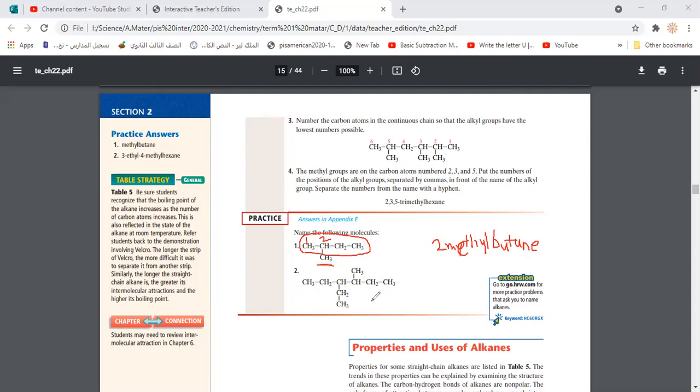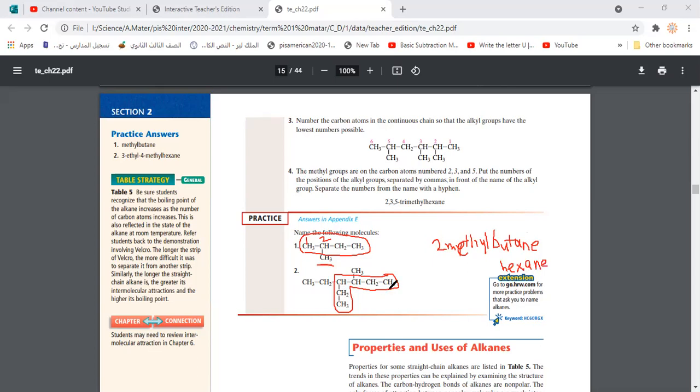Where's the longest chain? 6, yes. Whether this one, the R6, or this one, the R6. So any one of them. Like this case, we find the R6. So 6 means its name is? Hexane, good. So hexane, that's the main chain.